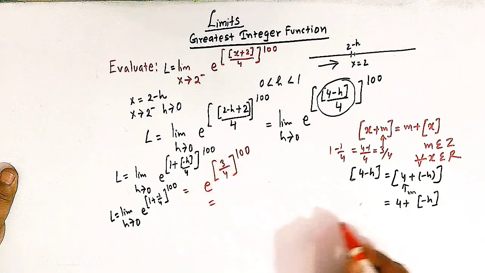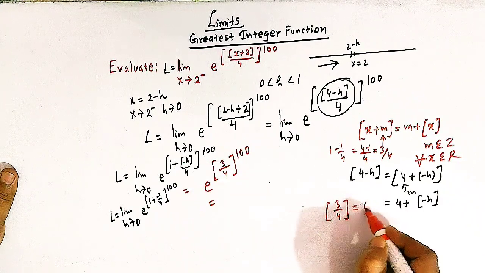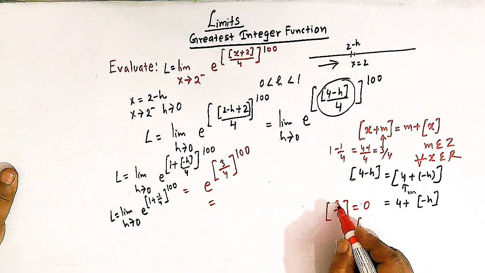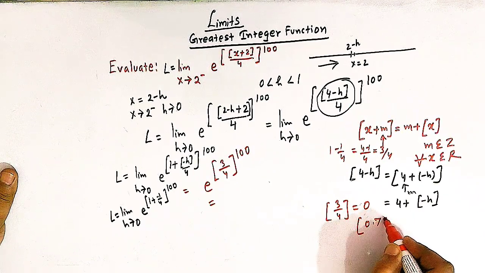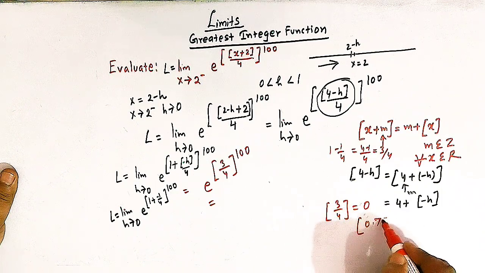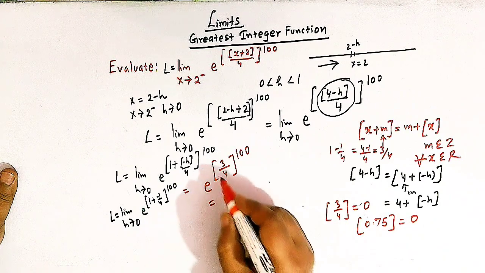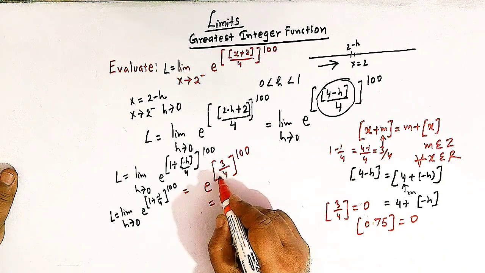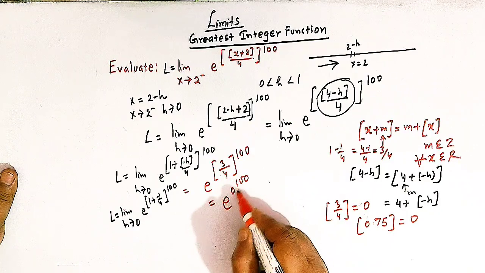And we know that the greatest integer of 3 over 4 is 0, because 3 over 4 is 0.75. So this is 0. So here we have e raised to 0 raised to 100, and this term is 0.